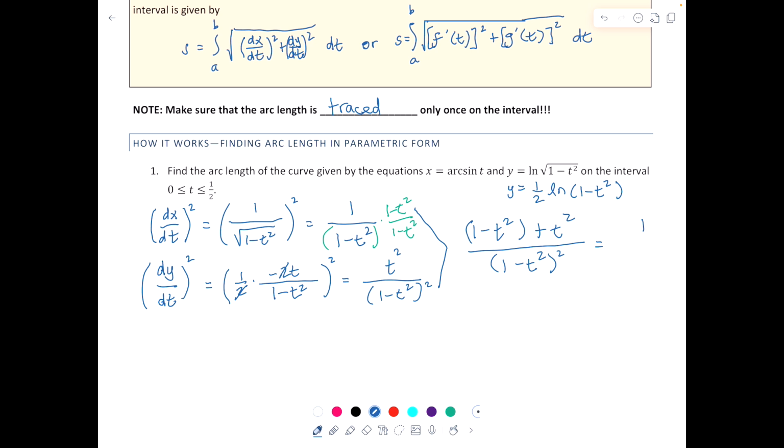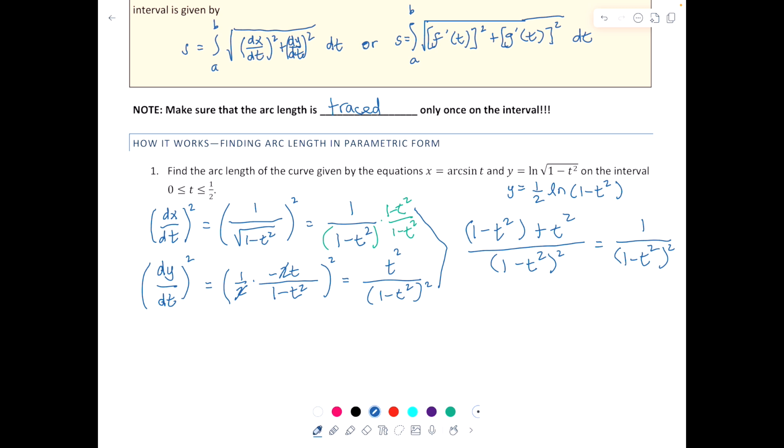So we'll get 1 over 1 minus t squared, squared. Groovy?